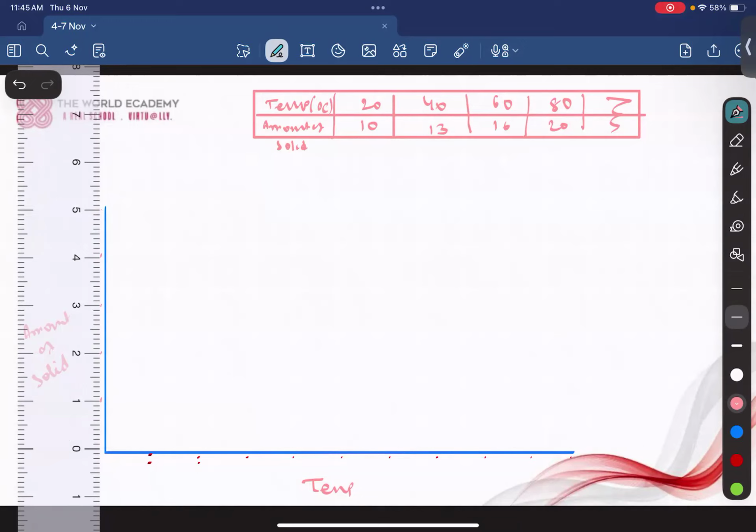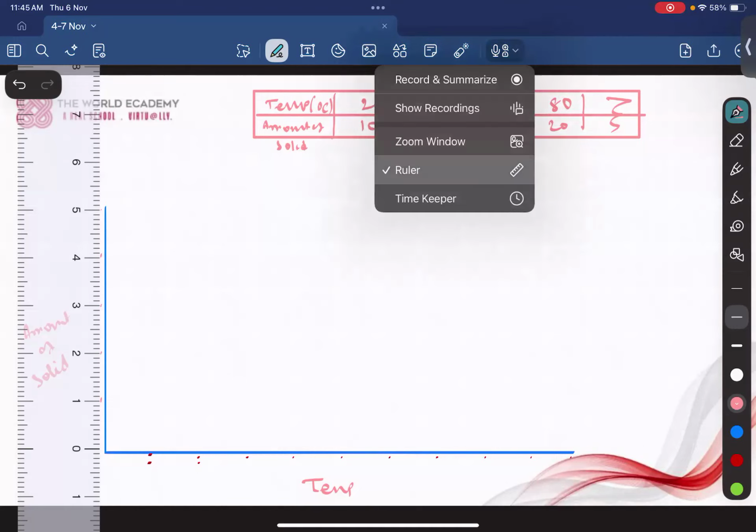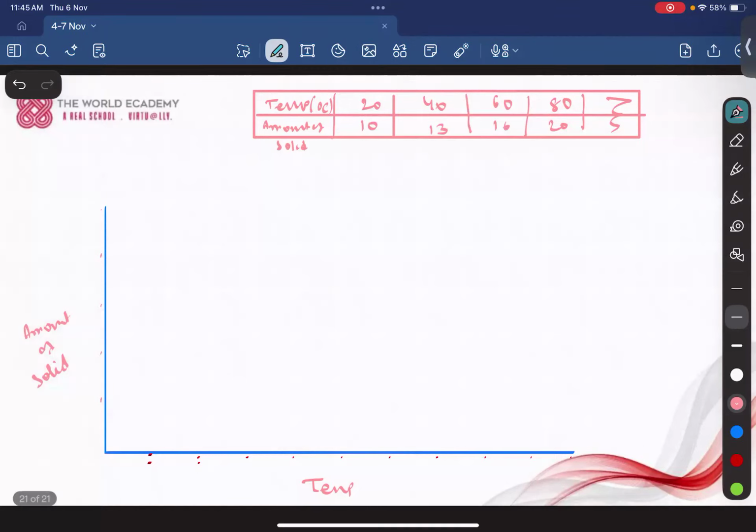So now what we will do? So here it is 20. So let's remove the. Okay. So now what we will do? We will mark here.